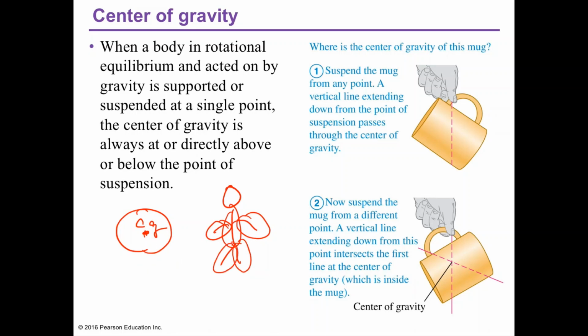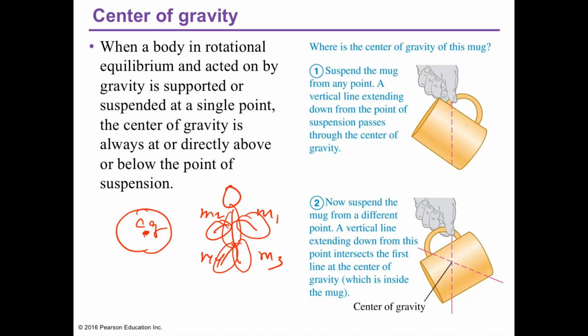Then we can locate the center of gravity of these little solid cylinder pieces, M1, M2, M3, M4, and use all of these to determine the center of gravity for a complex shape.